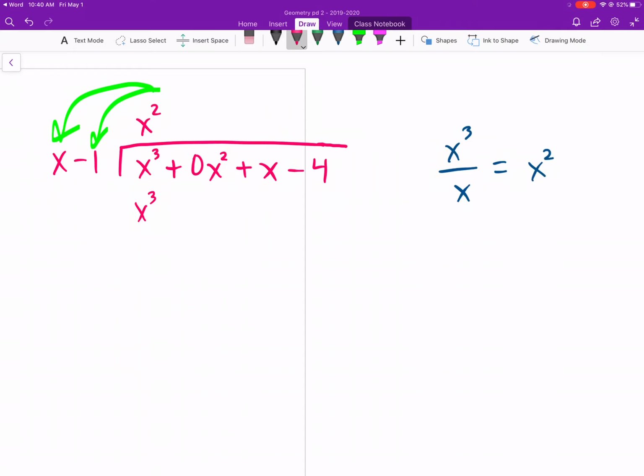X squared times negative 1 is negative x squared. Just changes the sign of x squared. Now, subtraction. Change the signs. First terms always cancel. So now we have 0 x squared plus x squared, which is plus 1 x squared, but just x squared.